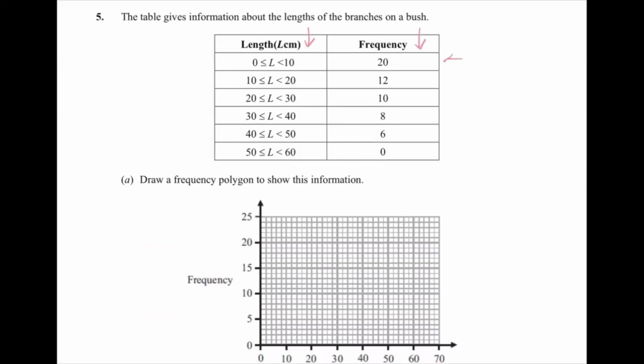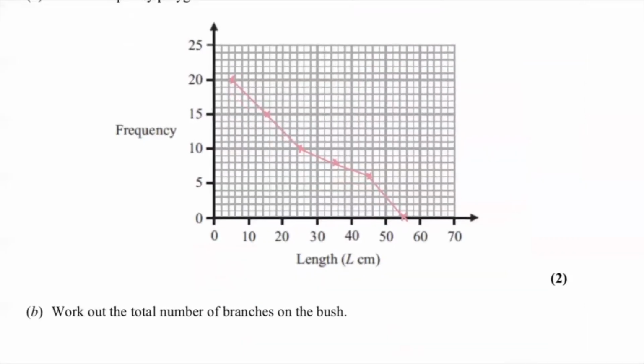So this row would be 520, and you would find your 520 and you would plot it on your graph. You would then work out all your coordinates, plot them, and draw your straight line. And when you've done that, it should look like this.